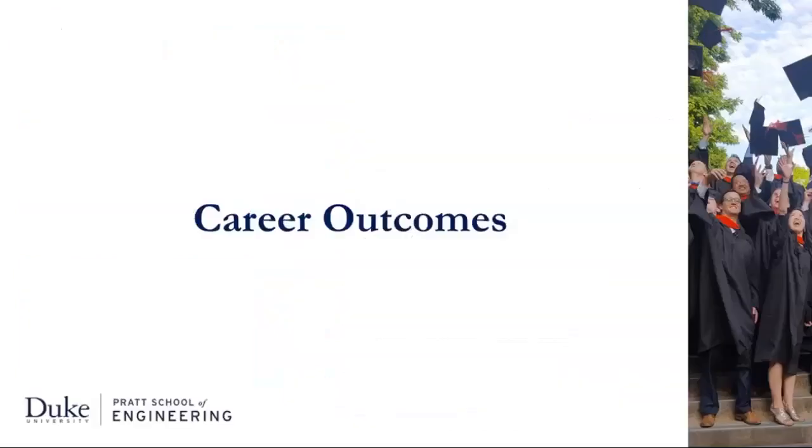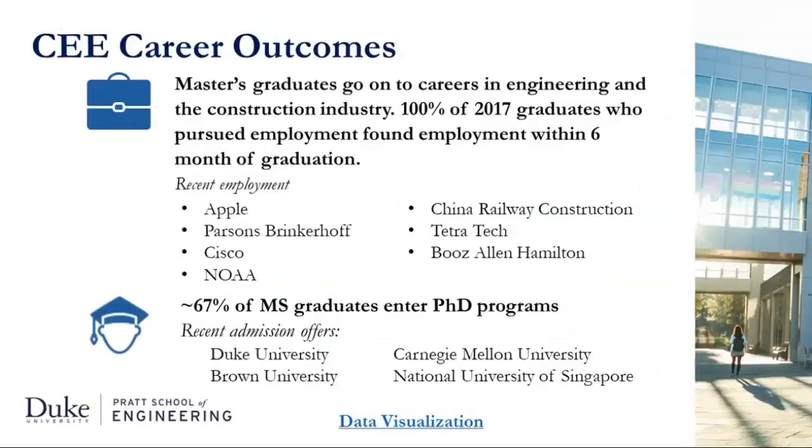We'll next move on to career outcomes from the department. You may be interested in knowing what our graduates do after receiving their master's degree and how they prepare for their career beyond Duke. We typically see graduates going into industry, academia, or nonprofits. You can see from the slide that 100% of our 2017 graduates who pursued employment found employment within 6 months of graduation.